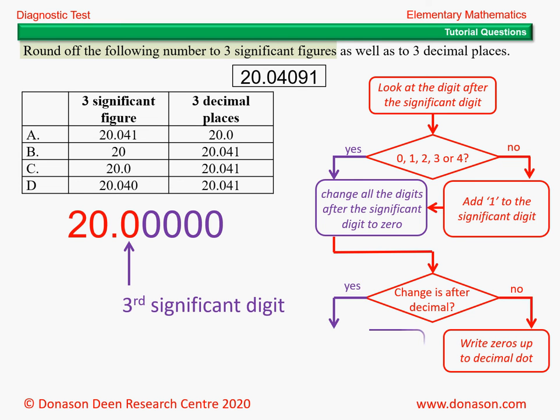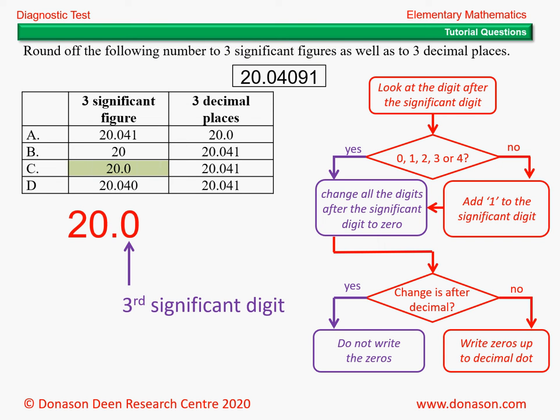Else, in this particular case, the change to zeros happened after the decimal dot, so we do not write the zeros. That means we drop off all the zeros. Once you remove them, the answer to 3 significant figures is 20.0.